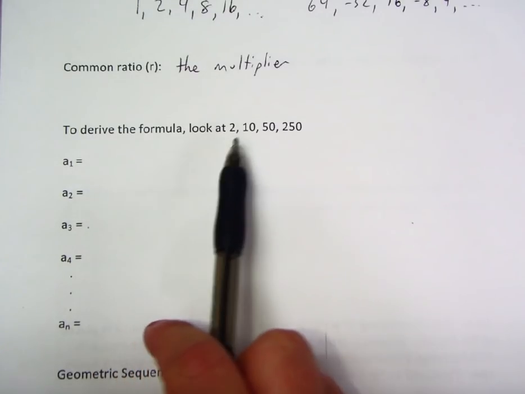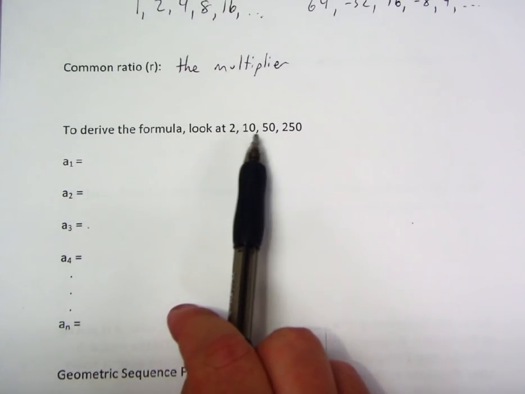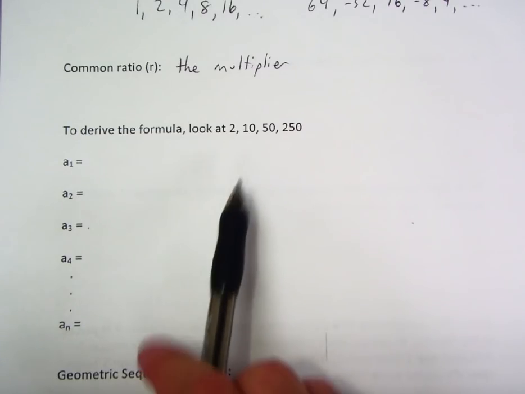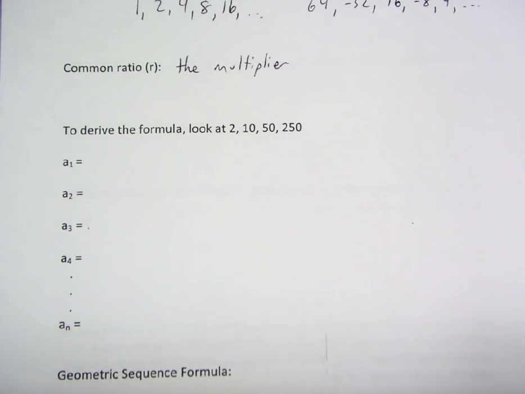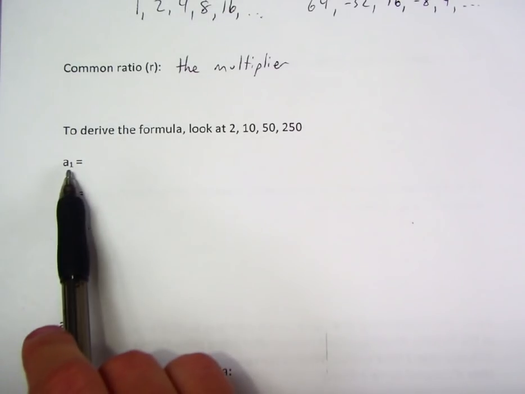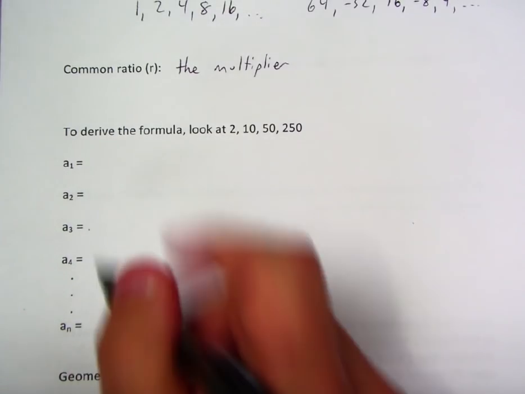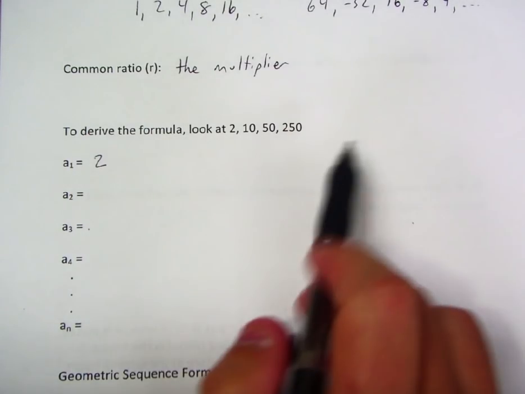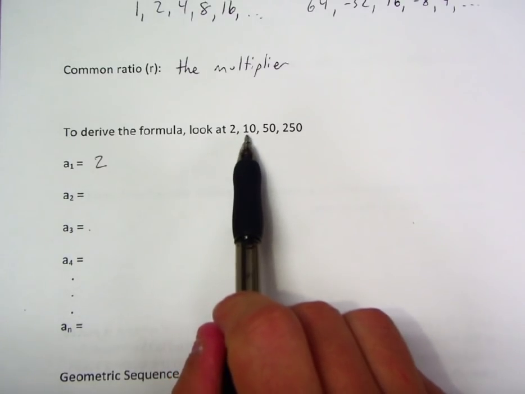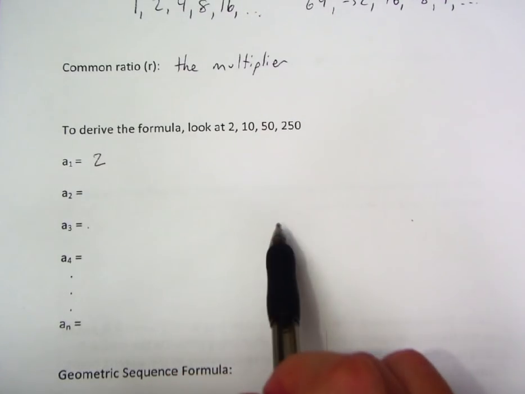So I have this geometric sequence, 2, 10, 50, 250. And you can tell it's being multiplied by 5 every single time. So let's derive the formula. First of all, a sub 1, the first term, is 2. Now I want us to think about what we do to the first term to get all of the next terms.